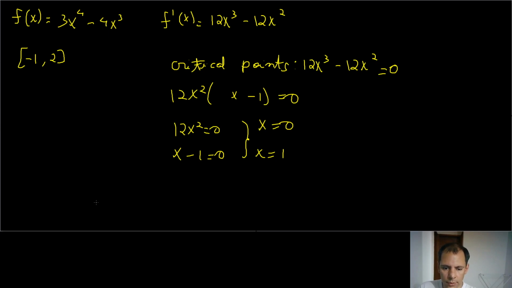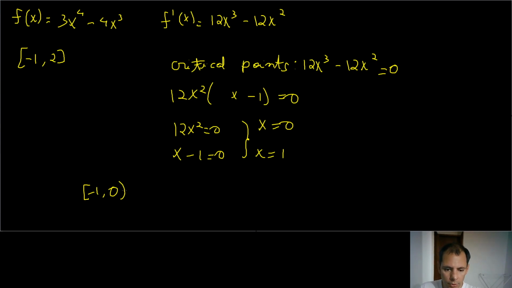So what are the intervals here? It's going to be from minus 1 all the way to 0. Let me think here. All the way to 0, but it's an open interval because at x equals 0 the slope is going to be 0, and at x equals 1 the slope is also going to be 0.